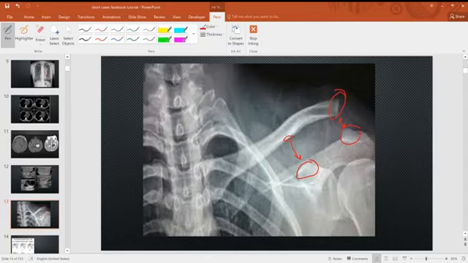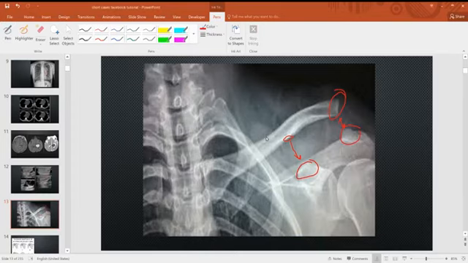Normally, it is about 5 to 8 millimeter between the acromion and the clavicle, and about 10 to 12 millimeter between the coracoid process and the clavicle.